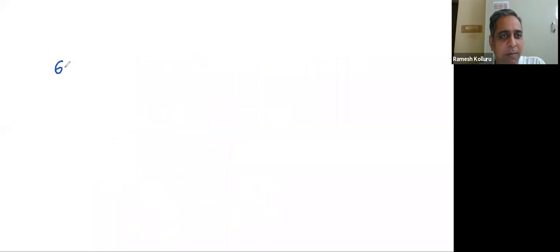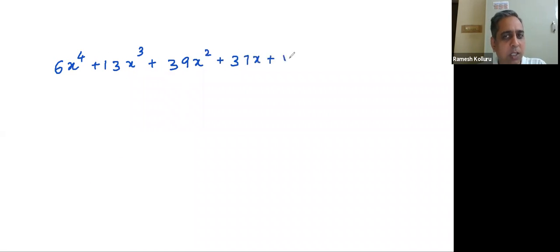It will be a little big with numbers. 6x power 4 plus 13x cubed plus 39x squared plus 37x plus 45 divided by x squared minus 2x minus 9.